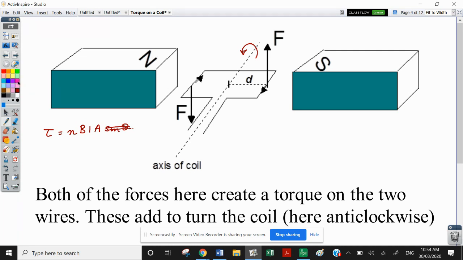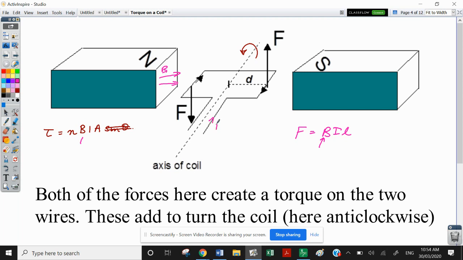Now, the first thing we need to remember is it is all about F equaling BIL sine theta. But once again, let's forget about the sine theta problem. We'll get all to do with the angle later on. So what is B in both cases? B is the strength of the magnetic field coming out of here.